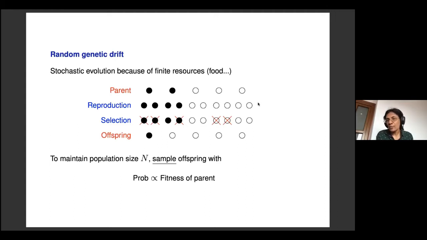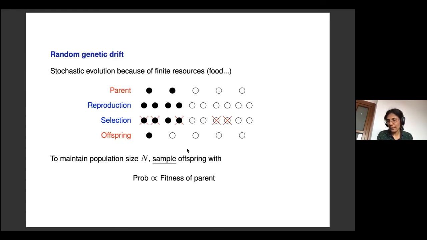Then we expect that, when you throw a coin, it's possible that the darker allele gets wiped out more than the lighter one. And you wind up with this new generation in which, although the darker allele was fitter, you're left with a single individual instead of 2 that you started with.